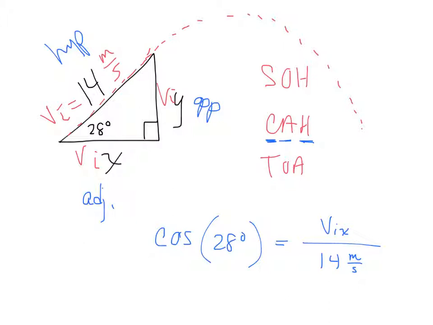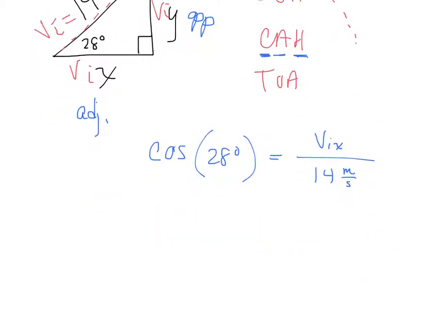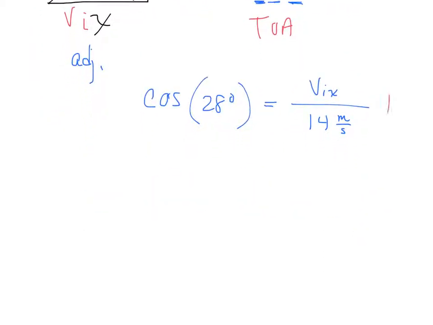Now, if I wanted to find VIX, and I'm not even going to ask you to determine the number right away, but if I wanted you to find VIX algebraically, how would I get rid of that 14? Times both sides by 14, please. So simply put a 14 here and a 14 here. Those clearly cancel.